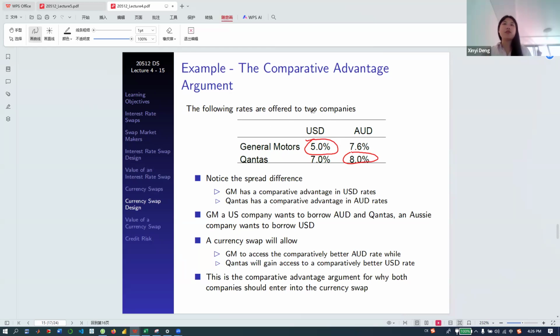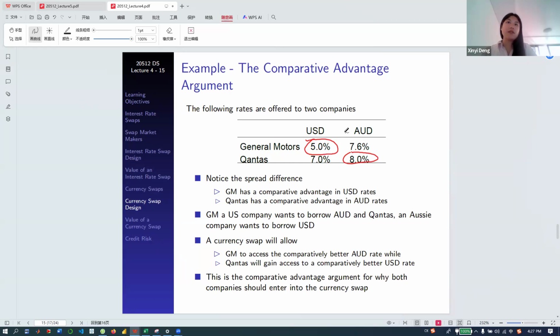So by entering into that swap, those parties involved in the swap contract can benefit by utilizing their comparative advantage. And at the same time, that swap enables them to enter into the market they desire.